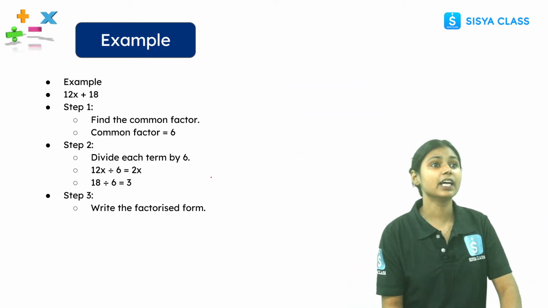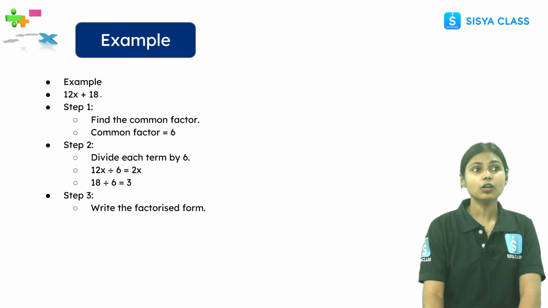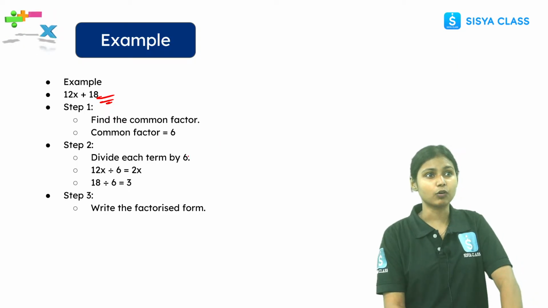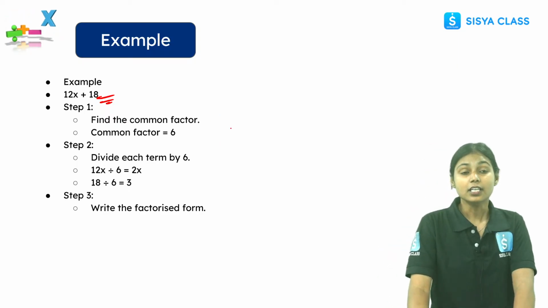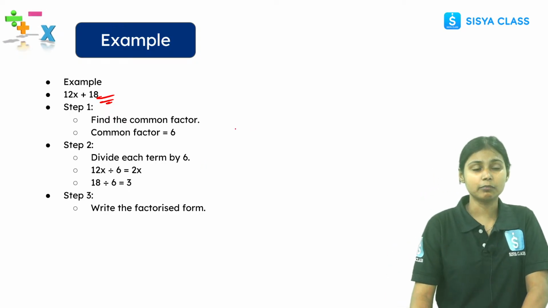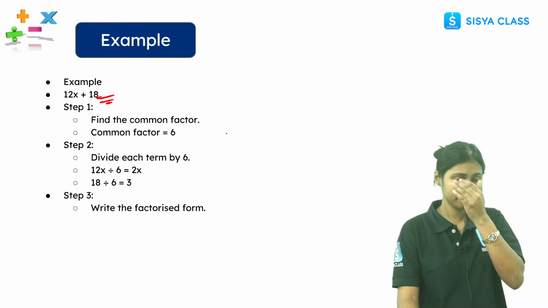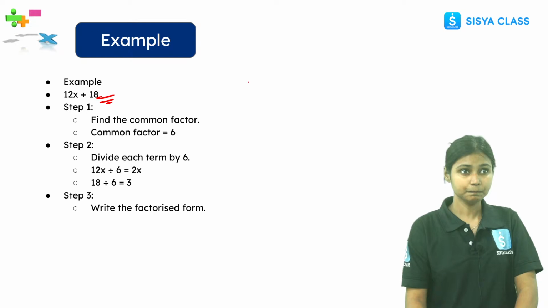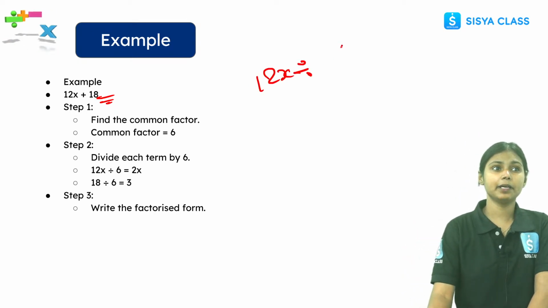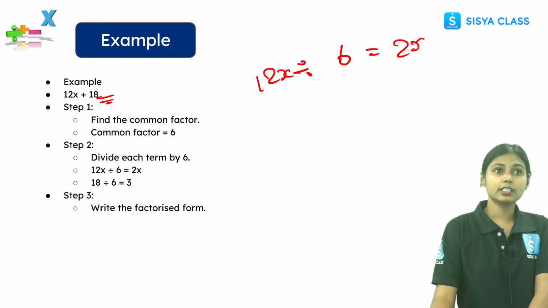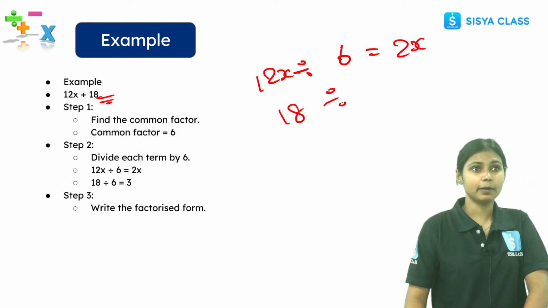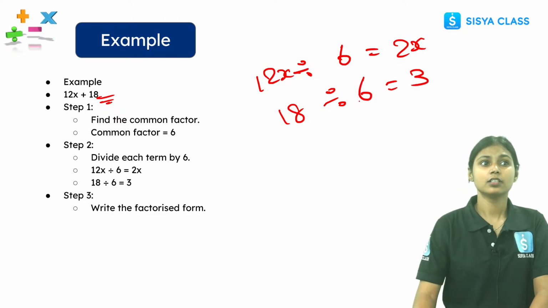For example, we have 12x plus 18. So how to factorize this? Simply we can find the common factor. What is the common factor of 12 and 18? I guess this is 6 in this case. So we are going to divide each term by 6. 12x divided by 6 is equal to 2x. 18 divided by 6 is equal to 3.